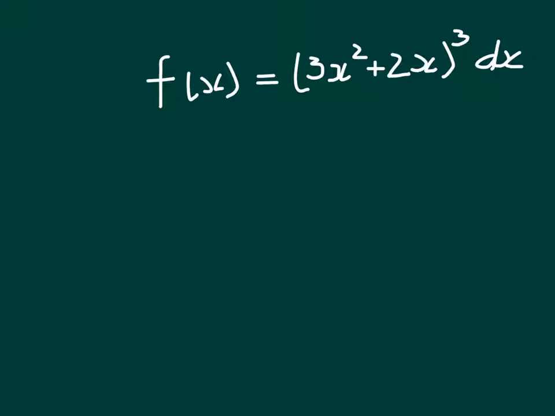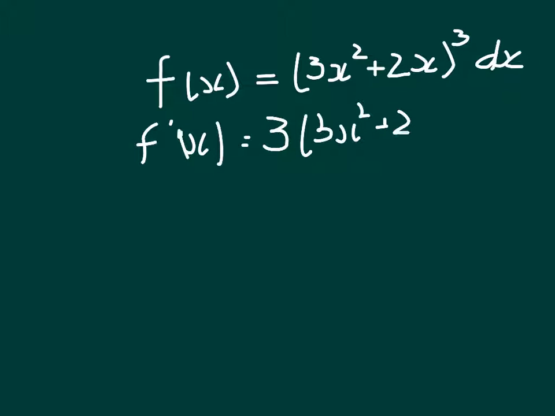So let's look at this question as an example. If you were to differentiate, you will recall that from what we've done earlier on, you're going to just say 3, and then you're going to keep your bracket the same. So that's going to be 3x squared plus 2x, and then it's going to be squared, remember, because it becomes minus 1 of your exponent because you took it to the front.